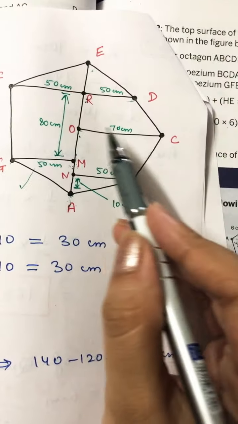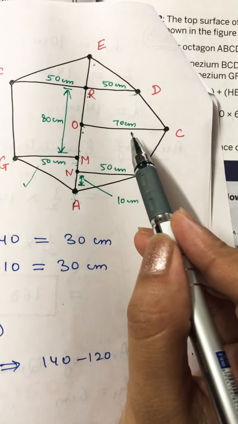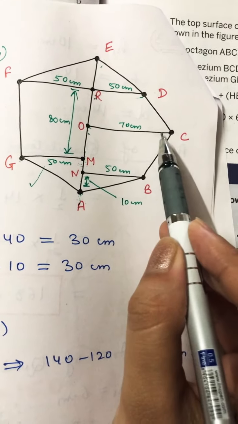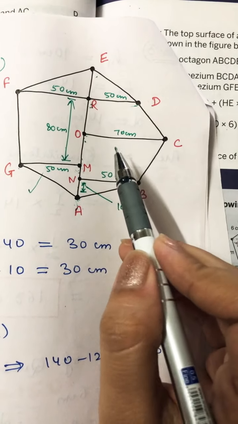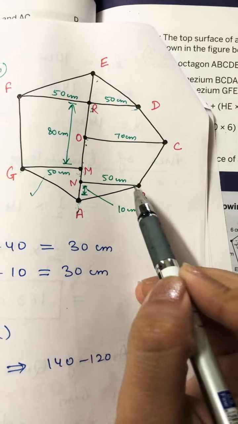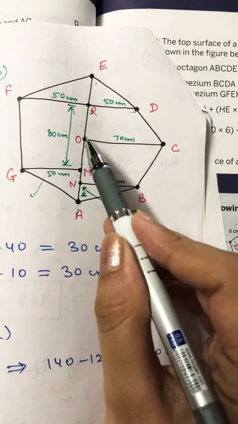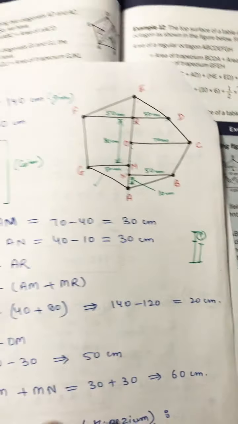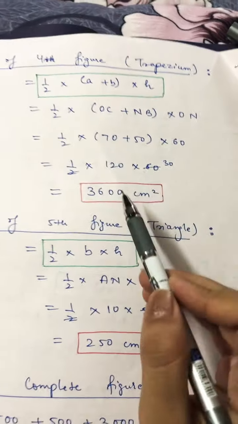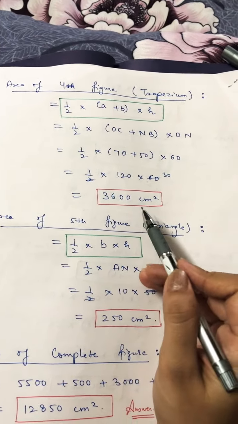This one. Again the formula is half multiplied by A plus B multiplied by H. H also you have taken out. Now put all the values in the formula and take out the answer of the fourth trapezium.